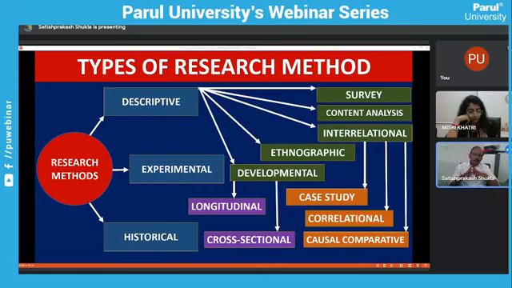In the developmental research method, two types of research method are there. One is longitudinal and another one is cross-sectional. Before knowing about that, we try to understand the real meaning of developmental research. The developmental research intends to study the progressive changes that occur in an organism, living being, human being, with passage of time.